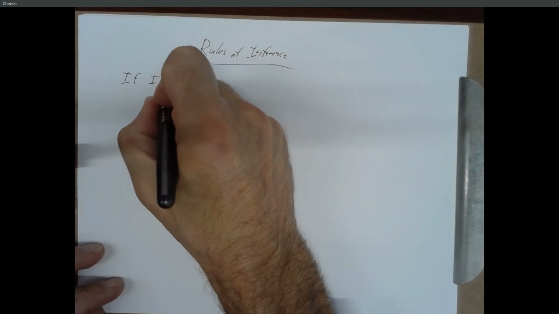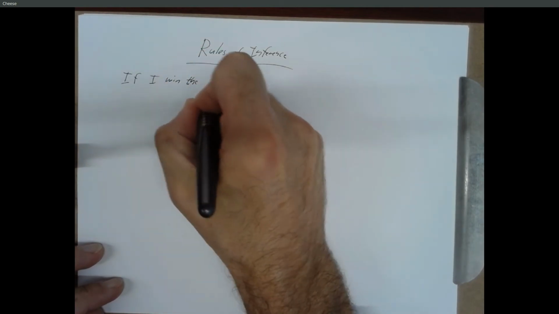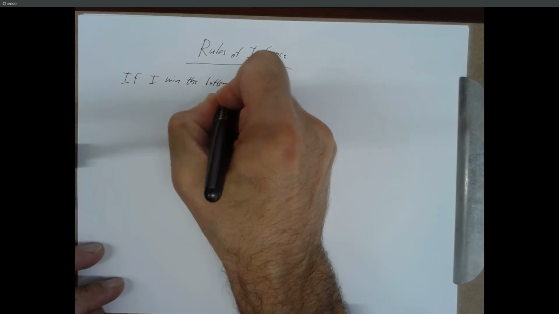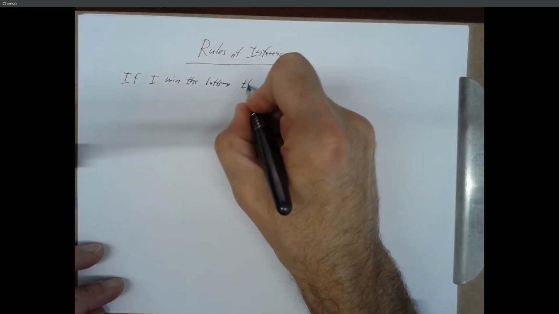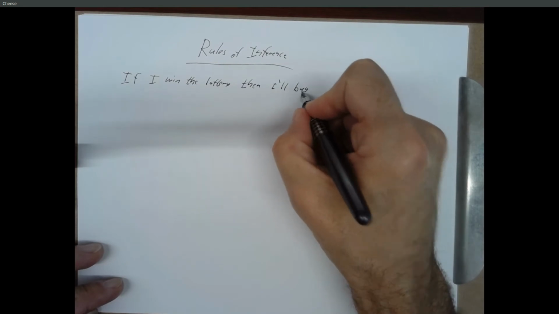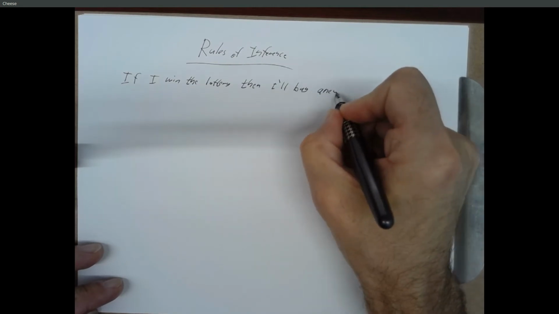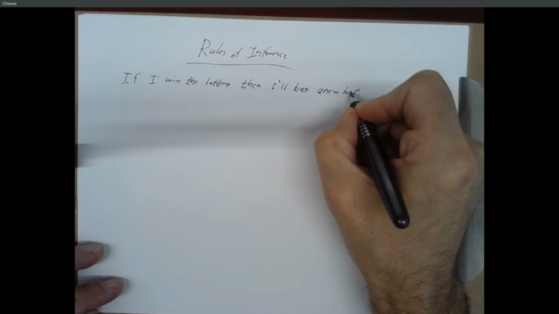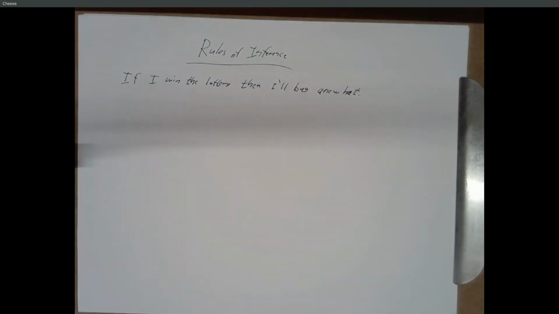If I win the lottery, then I'll buy a new hat. So I'm telling you that this is a true statement. Okay, it's a proposition, and I'm saying this is a true statement.